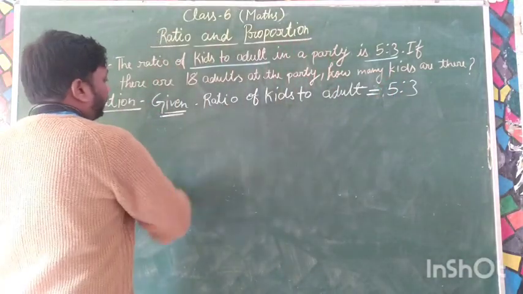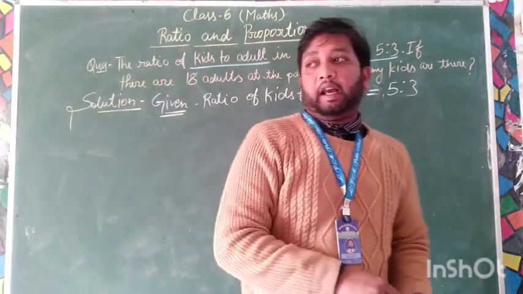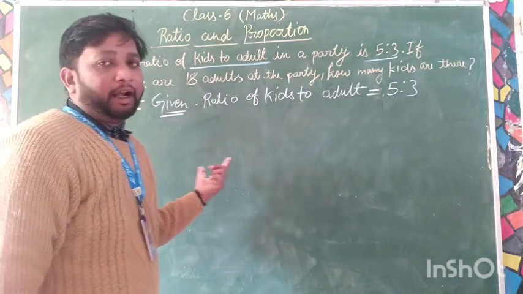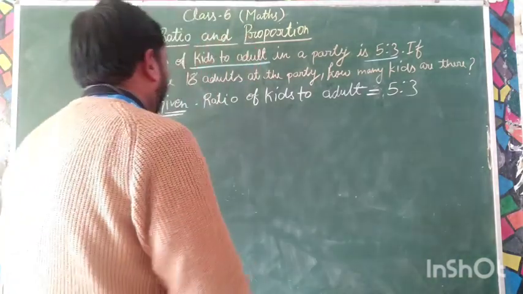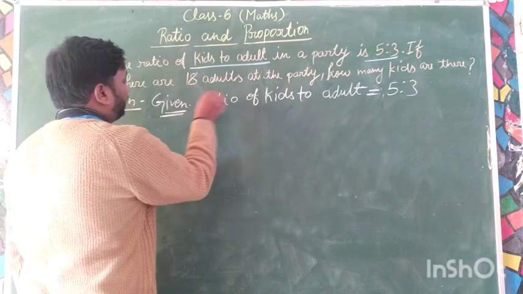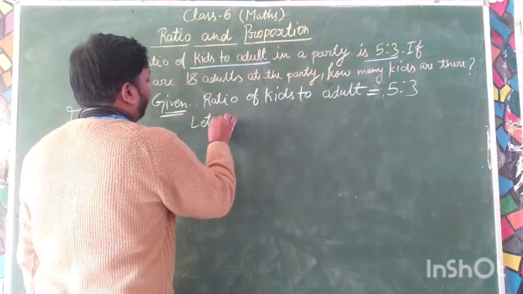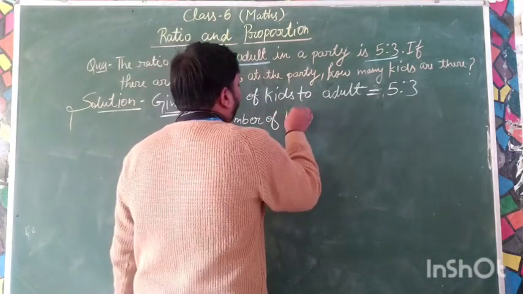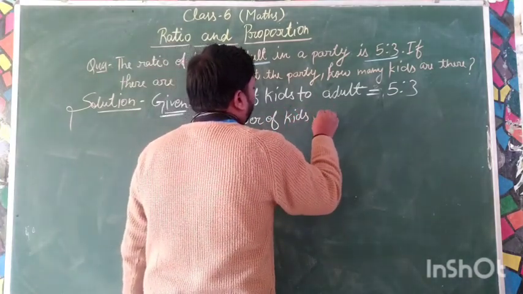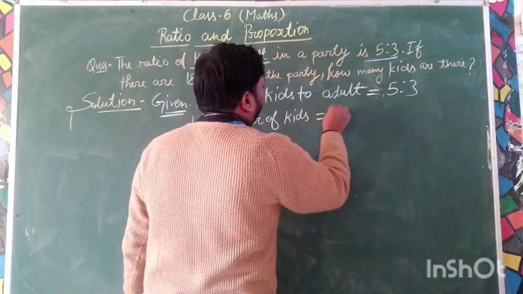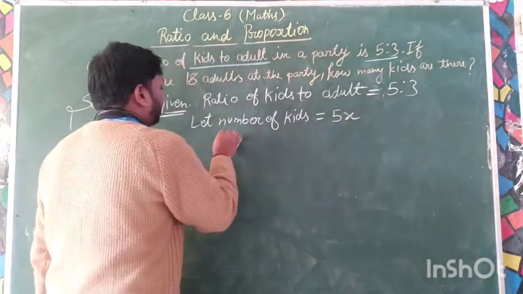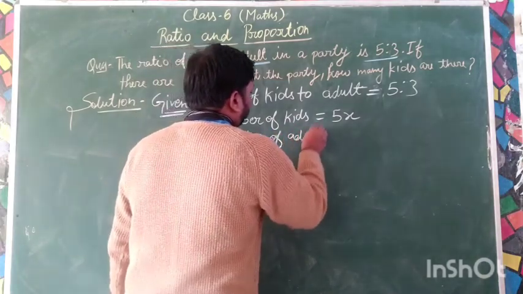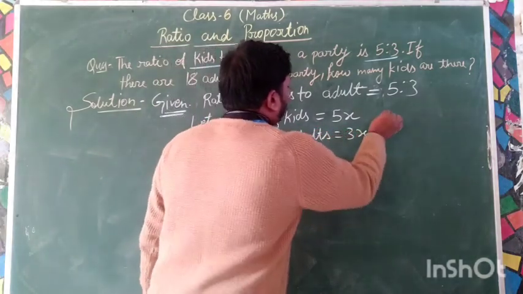Now in the second step we assume how many kids and how many adults are in that party. So here we assume let the number of kids be 5x and the number of adults be 3x.